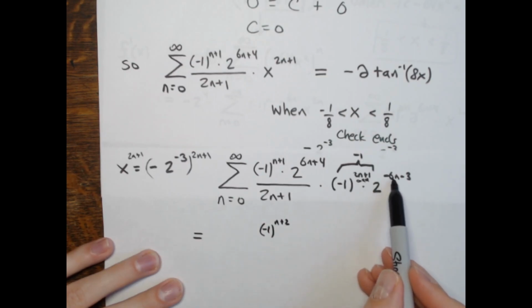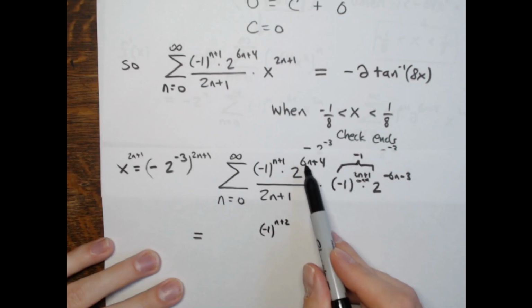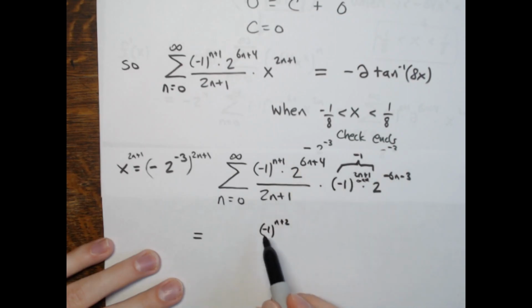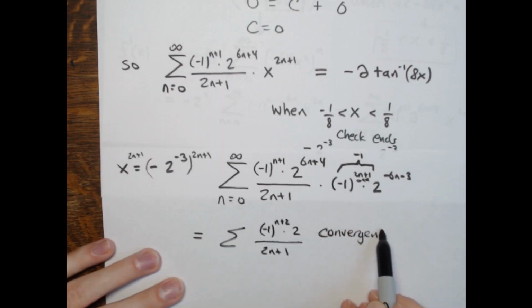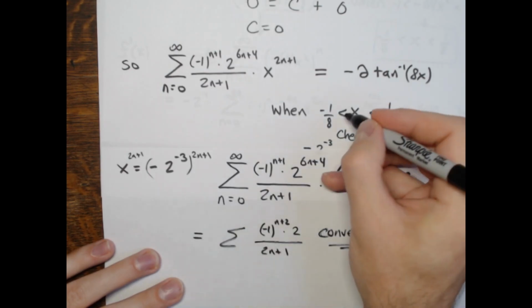Then 2 to the negative 6n minus 3 times 2 to the 6n plus 4 is just 2 to the first. So I pull out the 2 over 2n plus 1, and we're taking this sum. This is a convergent alternating series: the power of negative 1 changes every term, and 2 over 2n plus 1 decreases to 0. So it converges by the alternating series test.